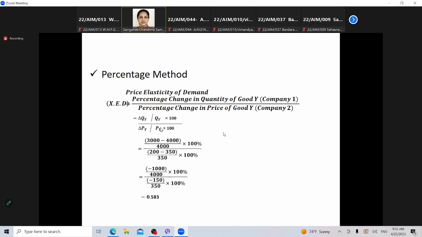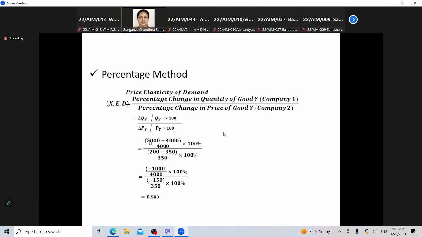Here again, the price change of Y divided by the initial price of Y in company 2, multiplied by 100. Because this is the cross price elasticity of demand between these two companies for good Y.